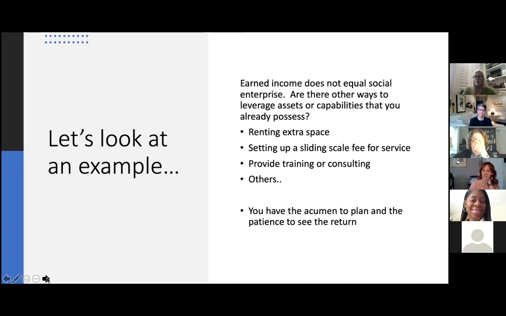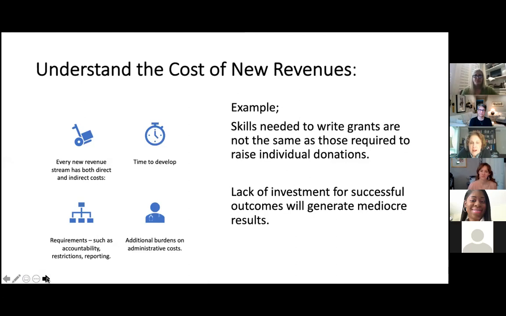All of these things are there, even if it's not a giant social enterprise that we're all used to. So those costs are real. They are, as I said, both direct and indirect. It's the time to develop the concept. It's the requirements such as accountability and restrictions and reporting.